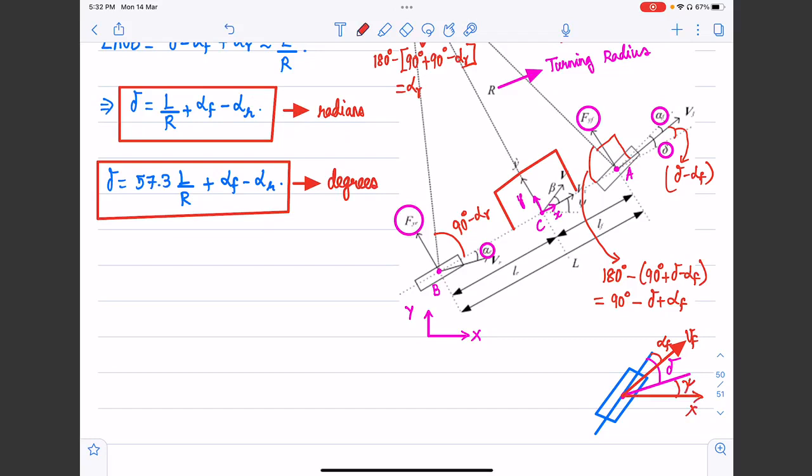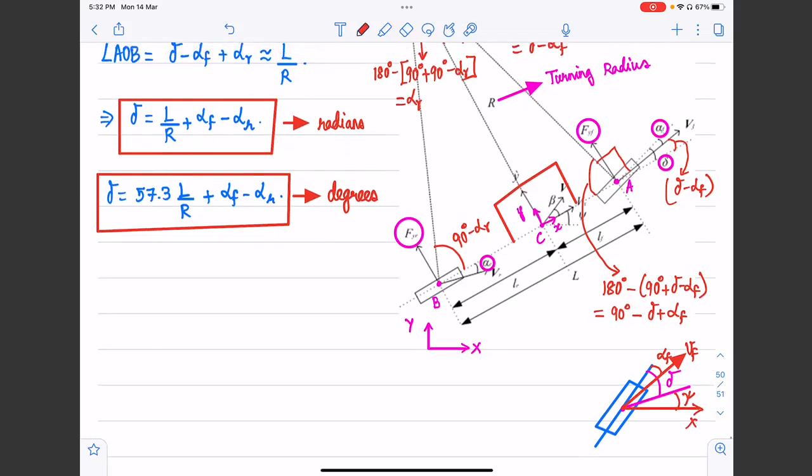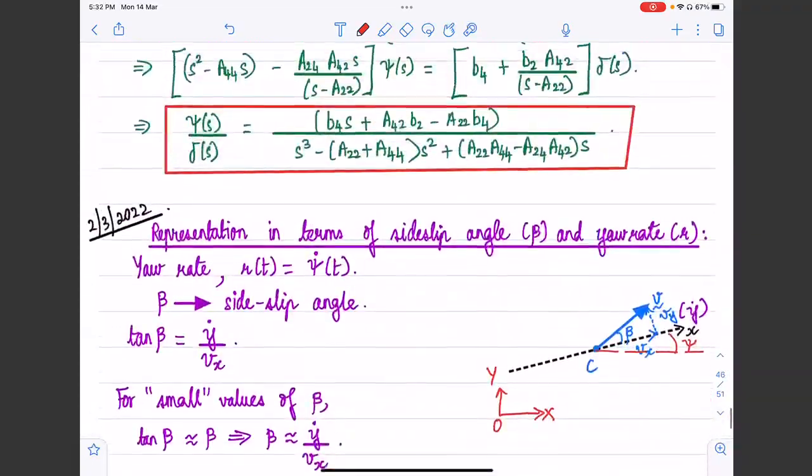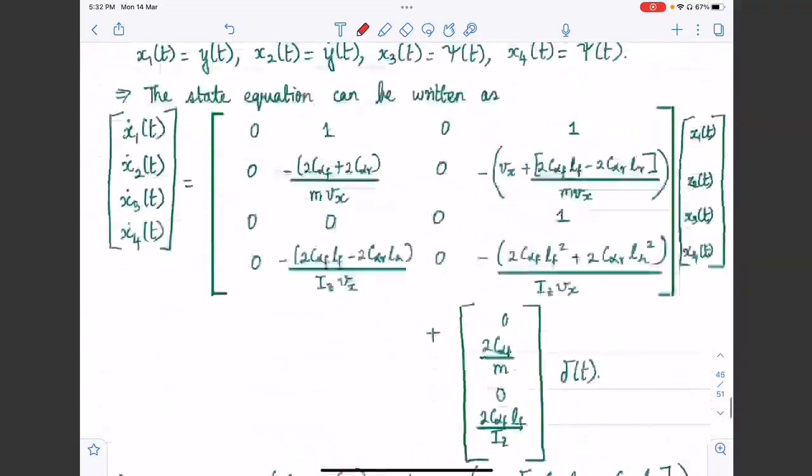But sir, this F_YF is perpendicular to V_F, right? If you recall, F_YF is in fact perpendicular to the longitudinal axis. But if you recall when we started off with this derivation, let me go up and reiterate this point since this question has come up.